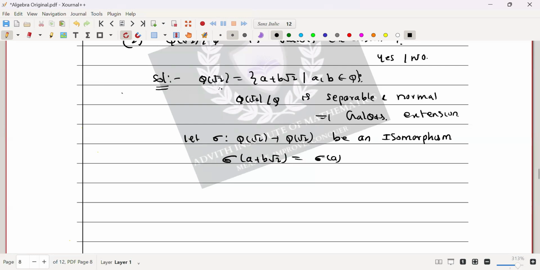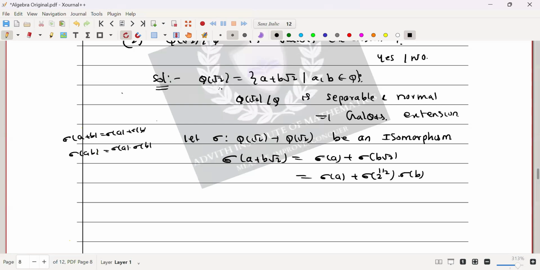Since it is an isomorphism, sigma of a plus sigma of b into root 2, which is equal to sigma of a plus sigma of root 2, that is 2 power 1 by 2, into sigma of b. Why? By the ring homomorphism definition, sigma of a plus b is equal to sigma of a plus sigma of b, and sigma of a into b is equal to sigma of a into sigma of b, sir.